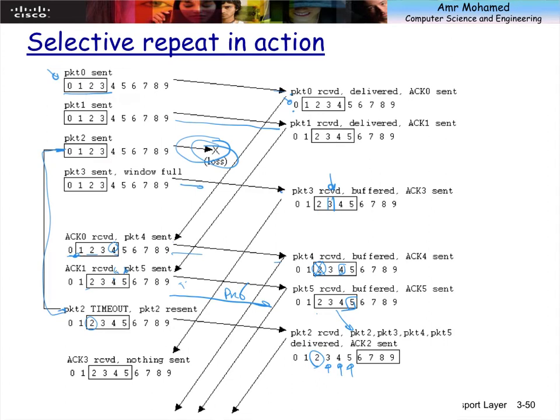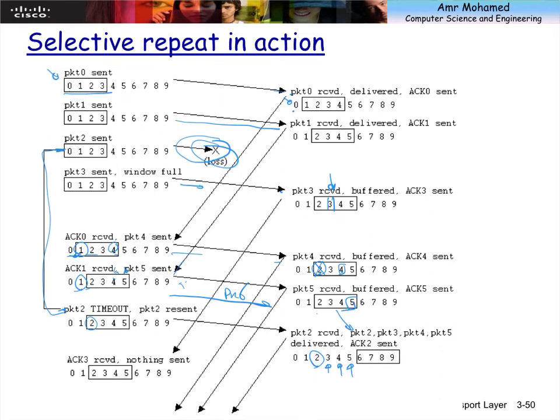No. I will keep sending until the timer for packet 1 fires up. If the timer for segment 1 was fired before I received the acknowledgement, I will retransmit packet 1. But it happened that the acknowledgement for packet 1 arrived before the timer of segment 1 fires up.